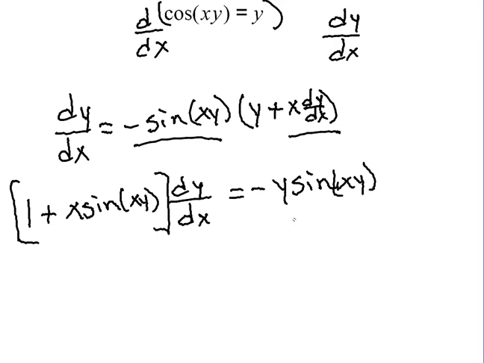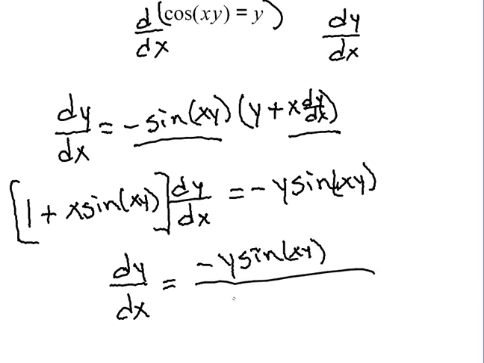I'm going to leave it up to you to make sure that makes sense with your own way of thinking. And now we only have one more step to solve for dy/dx. We want to divide by this whole quantity. So dy/dx is equal to a negative y sine xy all over a 1 plus x sine xy. And that is our derivative.